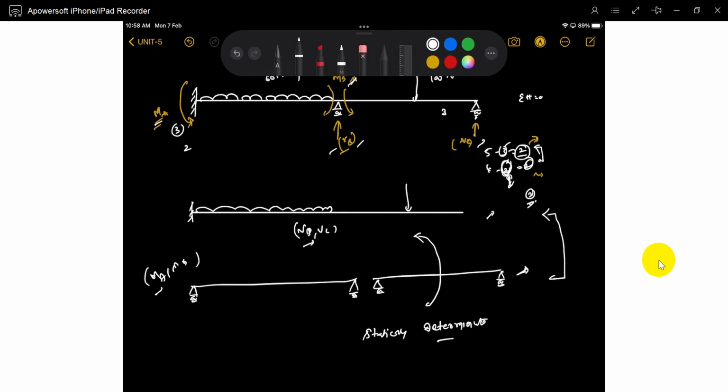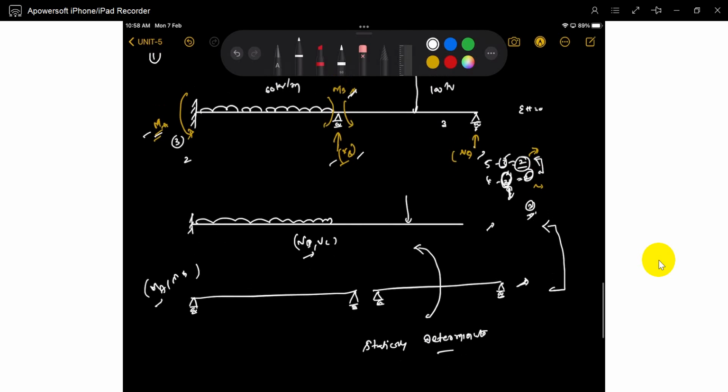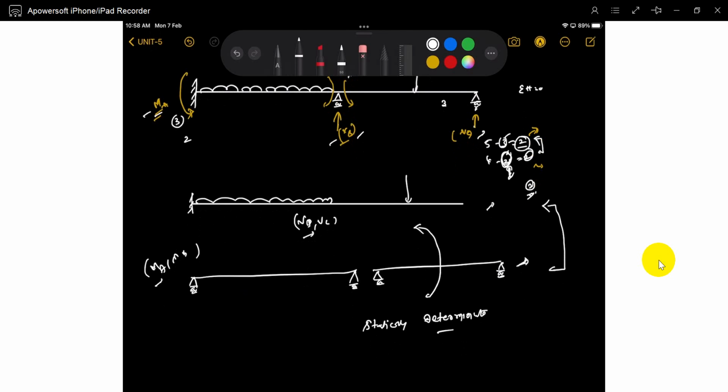which two are taken as redundant forces. So now I will choose MA and MB as the redundant forces. If you release those redundant forces, how will we get it? So now I will strike out this. I will choose MA and MB as redundant.